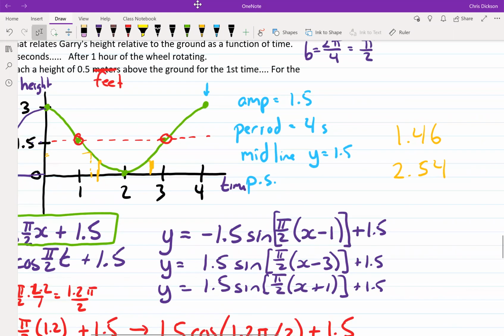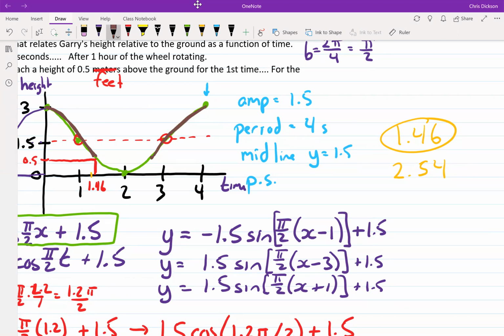Let's zoom in here and see if we can use symmetry to get this value. If you had just worked out the first value of 1.46, that means that when we look for 0.5 as our height, we go across here, and that value right there is 1.46. The graph should be symmetrical, in that the distance from this high point to that point there should be the same as from this point to that point up there.